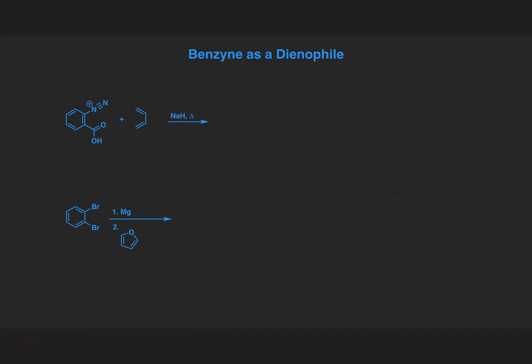So in the last slide, we saw that mixing this compound with sodium hydride would generate benzyne, like so. And benzyne is an excellent dienophile. Reacts in a Diels-Alder reaction.